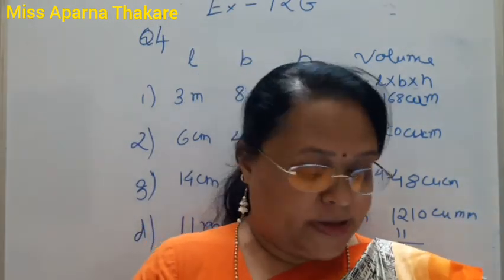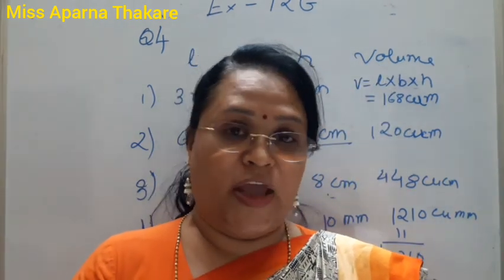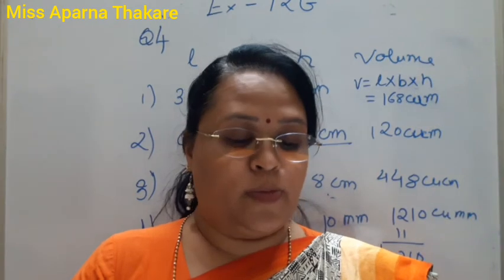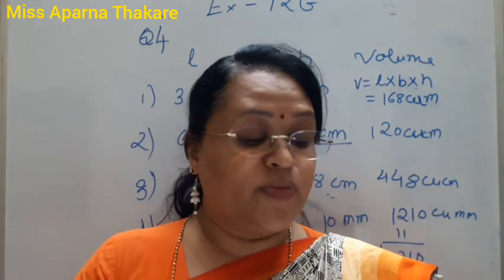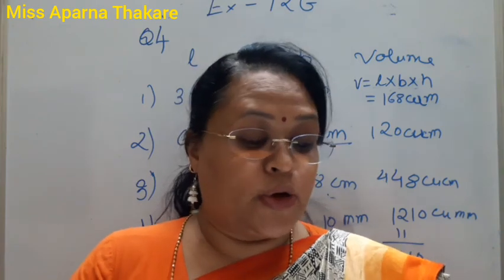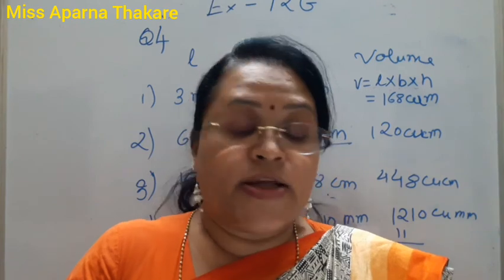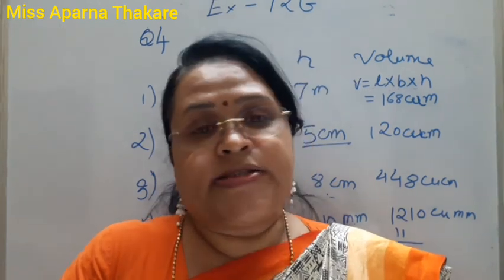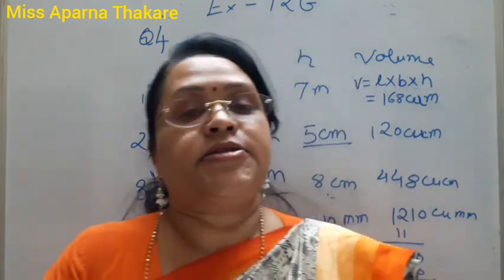Then chapter checkup. Chapter checkup, you can try yourself. Find the perimeter and area. I have given all the problems. Then the square is given with side in centimeter. It means square is side into side, because we have to find the perimeter and area also. The perimeter of a square is the sum of all sides, 7 plus 7 plus 7 plus 7, and the area of the square is side into side.